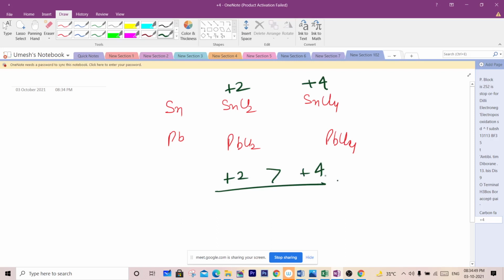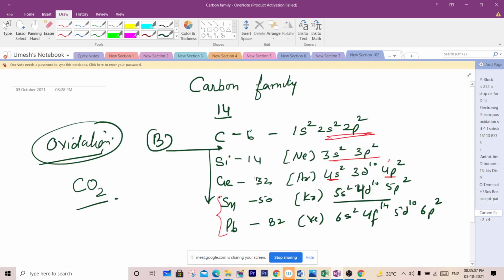Can you tell me the reason for this? Sn and Pb have d and f subshells, and d and f subshells are large and diffused. What do you call this phenomenon? The inert pair effect.